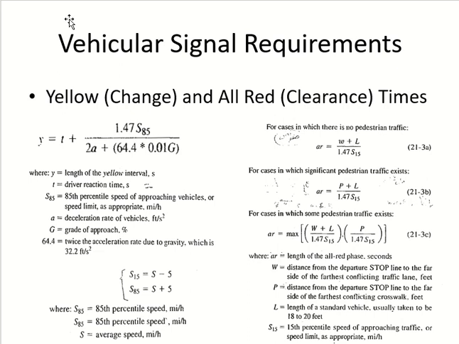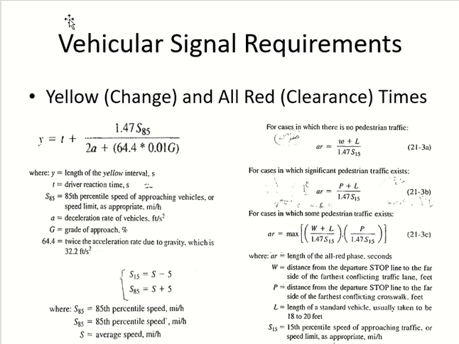Now where did we use the reaction time? In highway, where? Calculating what? Sight distance. It's the same value. The reaction time used for stopping sight distance or any sight distance.